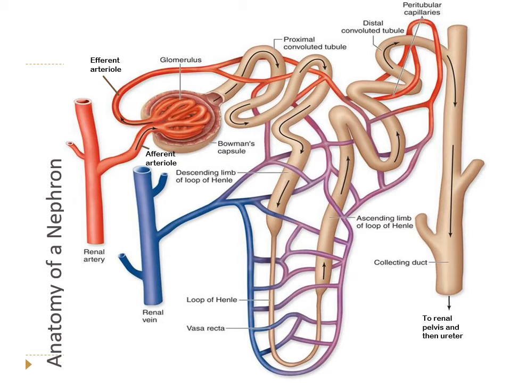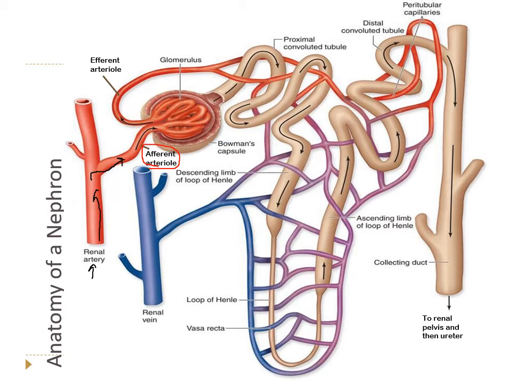Now we're going to go into more detail on the anatomy of a nephron. First of all, we have blood coming into the kidney through the renal artery here. It's going to branch into smaller arteries and eventually into an artery called an afferent arteriole.